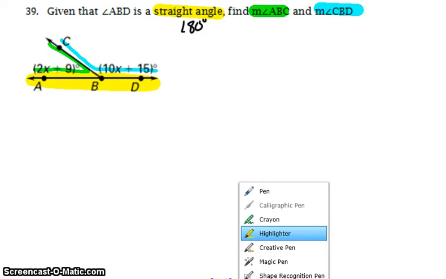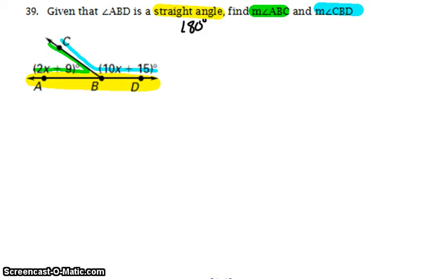So I'm going to use the information I'm given. Again, in this problem, I have two parts, and I know what the whole has to equal. So I can add the parts to equal the whole in order to find out what x is, because I need to know what x is before I can figure out what this piece is equal to and what this piece is equal to.